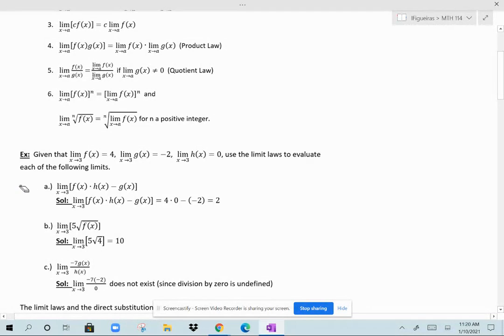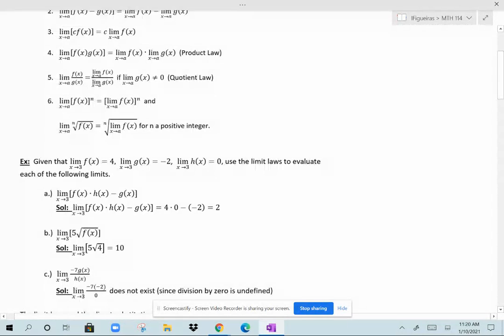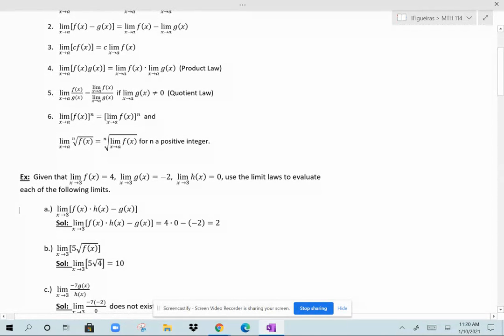Part A says to evaluate the limit as x approaches 3 of f of x times h of x minus g of x. So we're going to be using limit law number 4 for the product and number 2 for the difference.